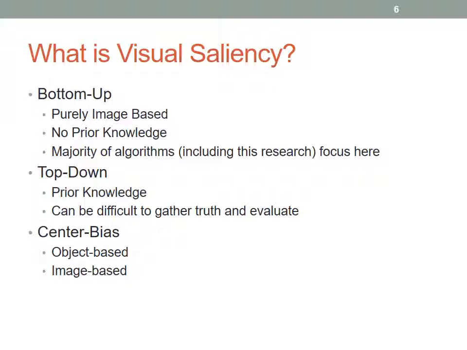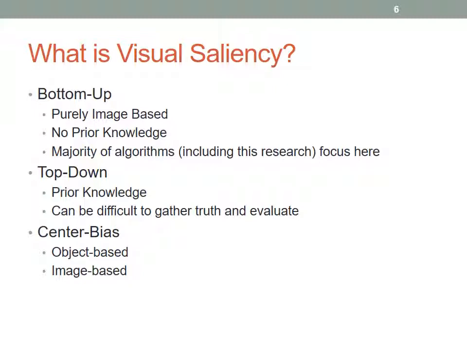But that could be difficult to gather for truth information, and furthermore, how are we going to test that in algorithms? We would have to figure out how to encapsulate the prior knowledge into some form of truth data and use that for training somehow. But we're going to focus in this research on bottom up for now.